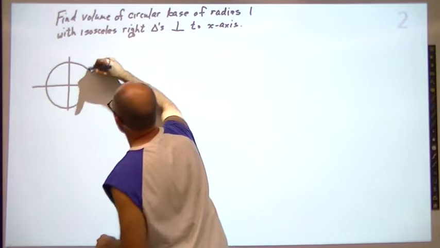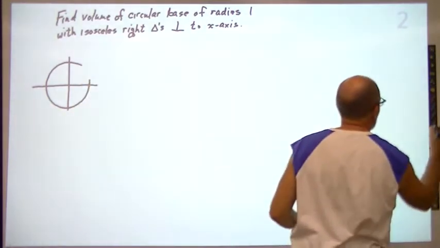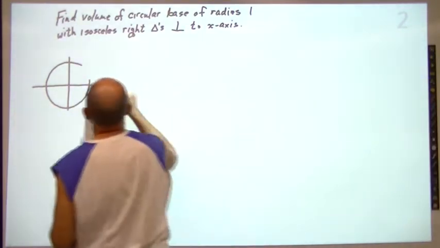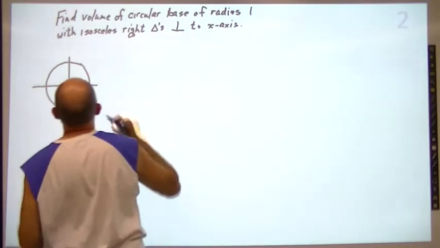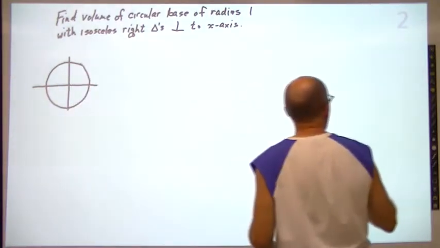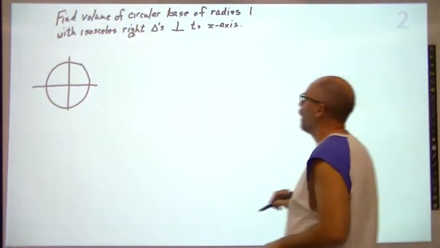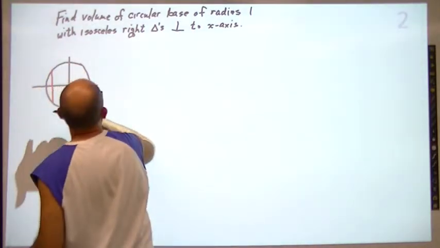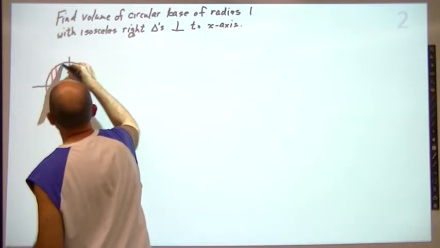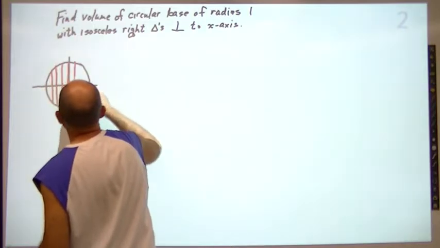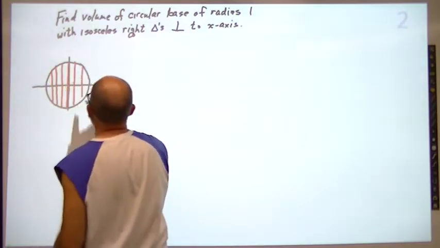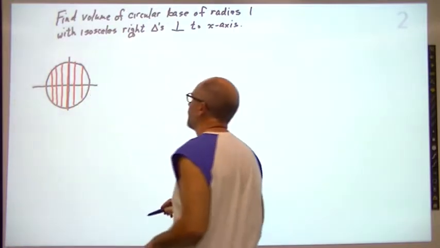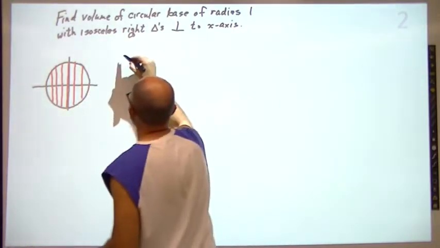Now, our triangles are going to be isosceles right triangles perpendicular to the x-axis. So let's look at a single triangle.